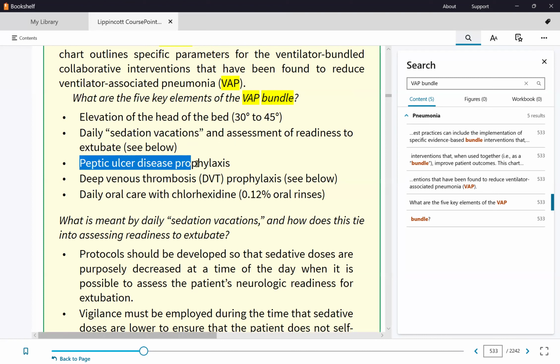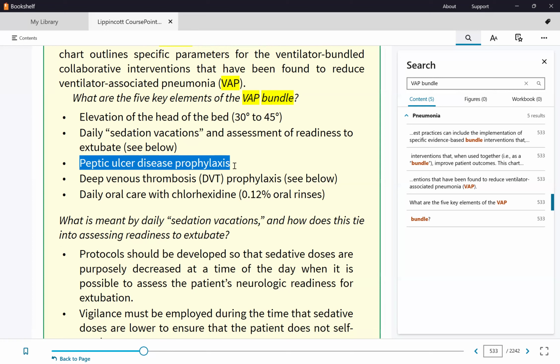Peptic ulcer prophylaxis. Now, this is part of the VAP bundle because technically, if they aspirate, the gastric secretions that they aspirate are very acidic because you didn't give any PPIs or H2 receptor blockers. So what will happen to the lungs if you aspirate gastric secretions with a pH of 3, 4?